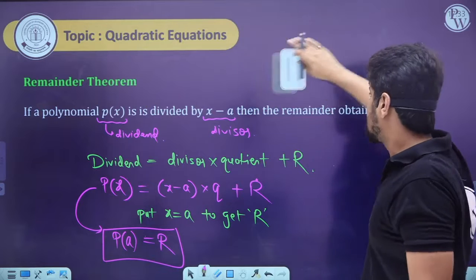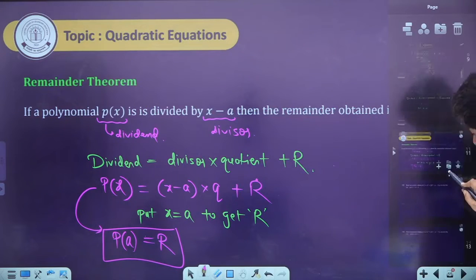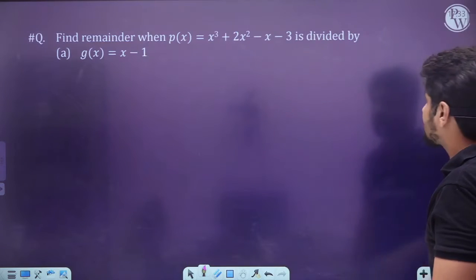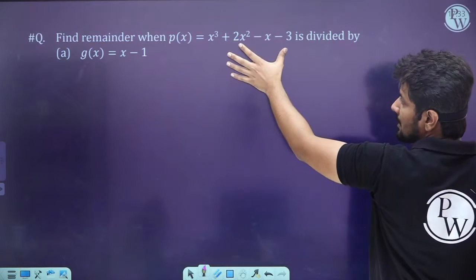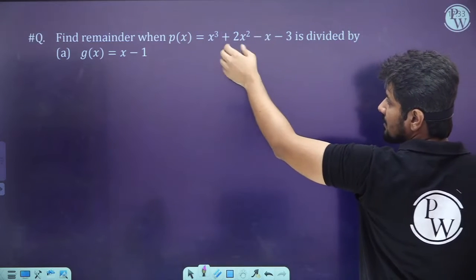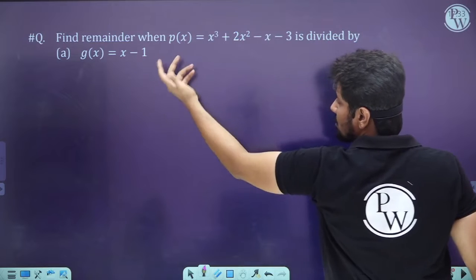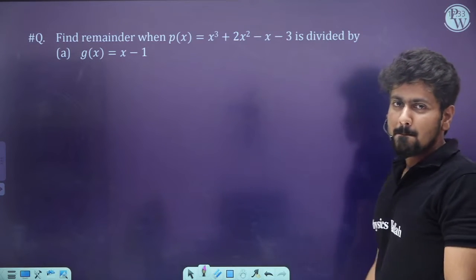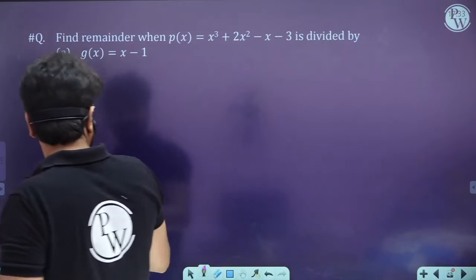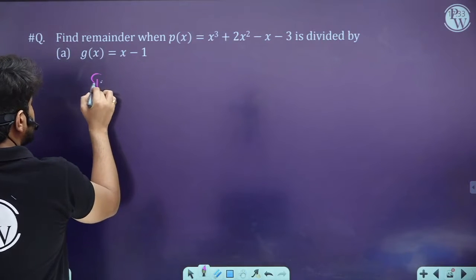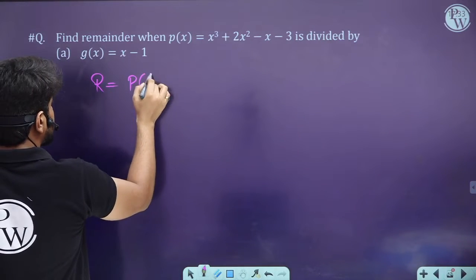Okay, now let's practice some examples so that you get a better and better understanding. Polynomial p of x, a cubic polynomial, divided by this. What's the remainder? So either I can directly write remainder will be p of 1.